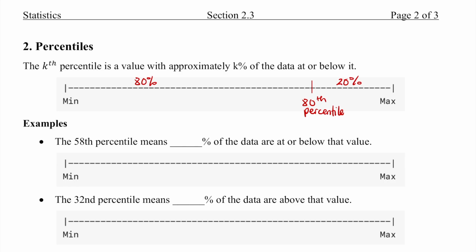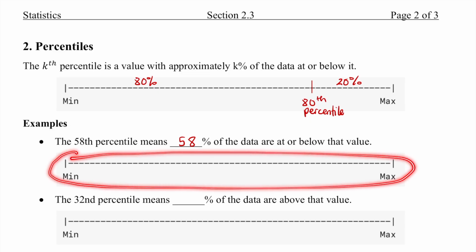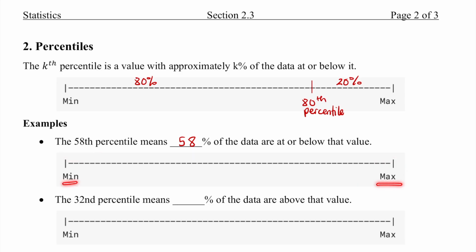Let's look at a couple of quick examples. 58th percentile means 58% of the data are at or below that value. Imagine this is my data set already arranged from the least to the greatest. The 58th percentile is somewhere here, where 58% of the data are at or below that value, and 42% of the data are above that value.